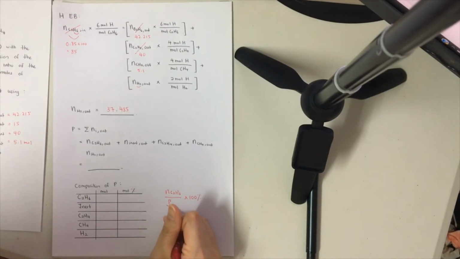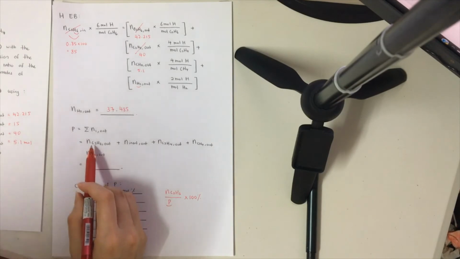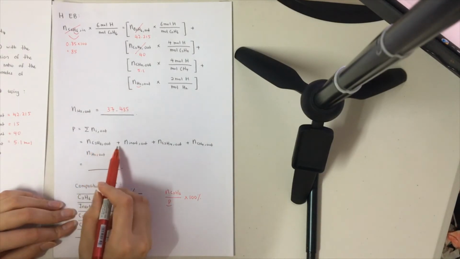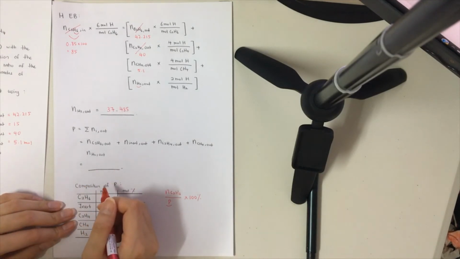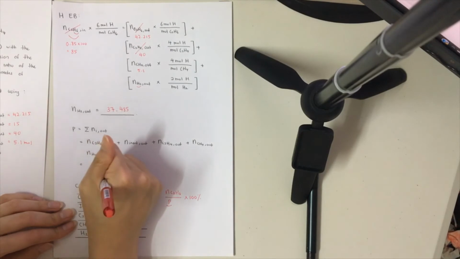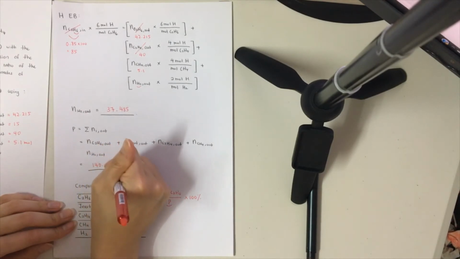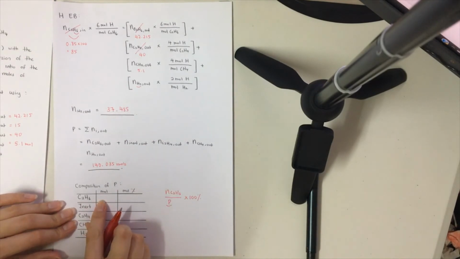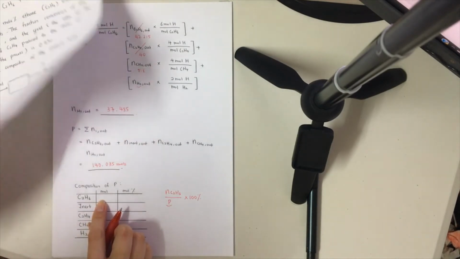So to find the product, we'll need to sum up all the components in the product stream, okay, which will give us a value of 140.035 moles. So we have filled in here.